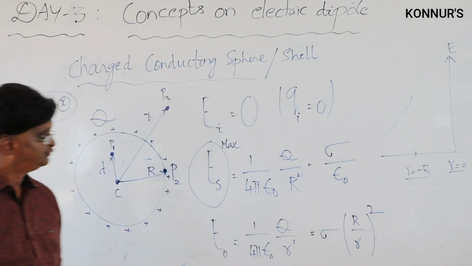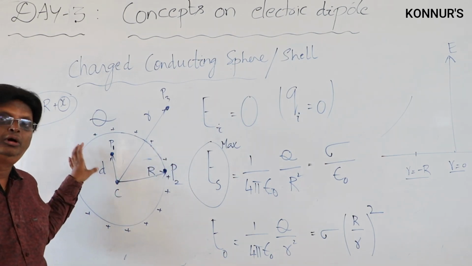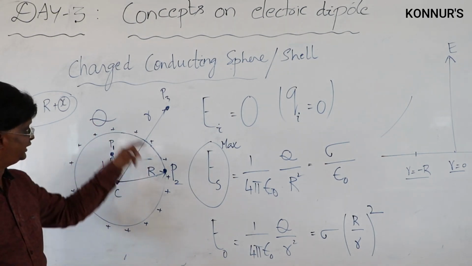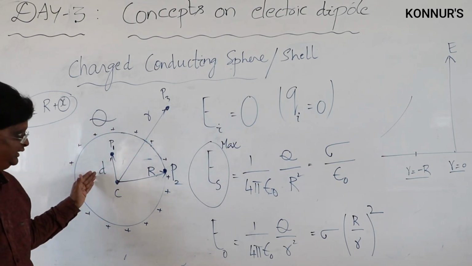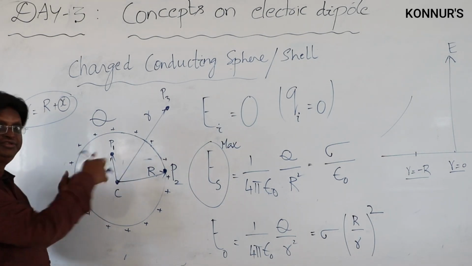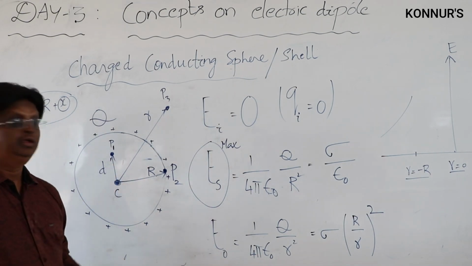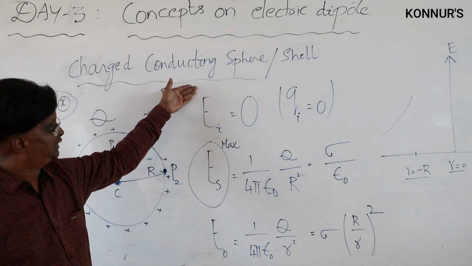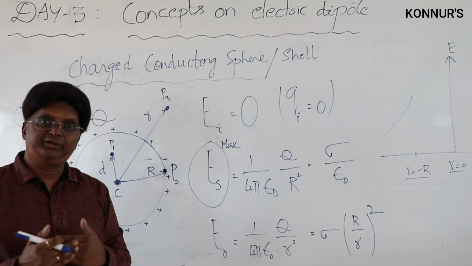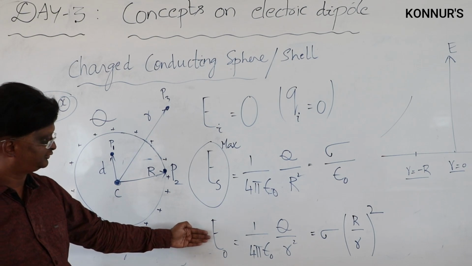In fact, these results show that when a shell or a conducting sphere is charged, though all the charge expels and resides only on the surface, it acts as a point charge, as if all the charge is focused at its center. Apparently they act as a point charge, because this result is the same as the result for a point charge.